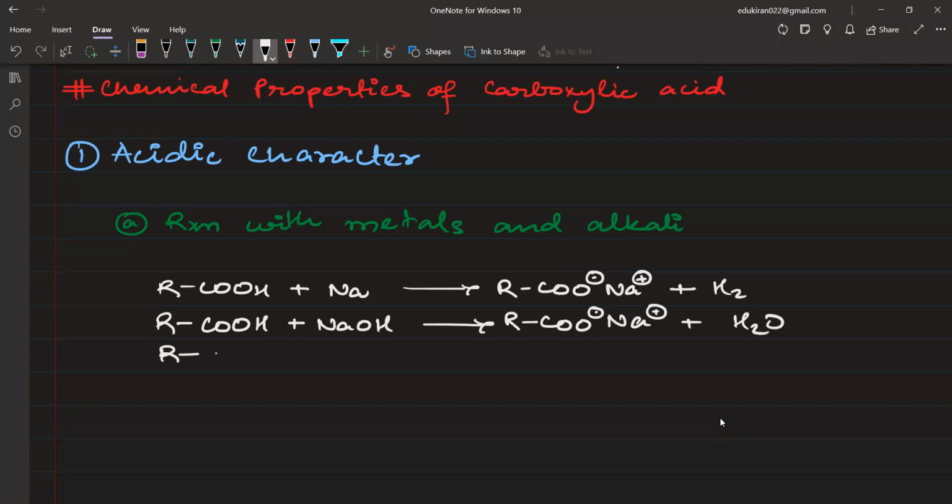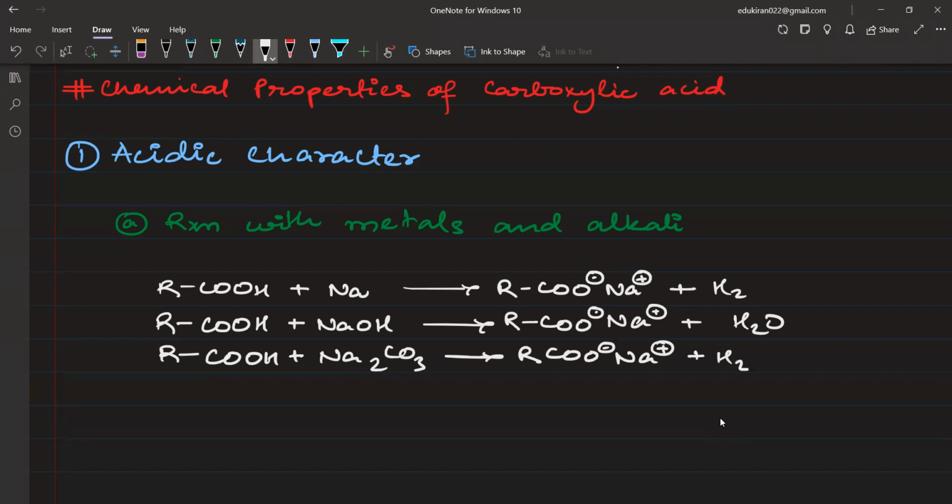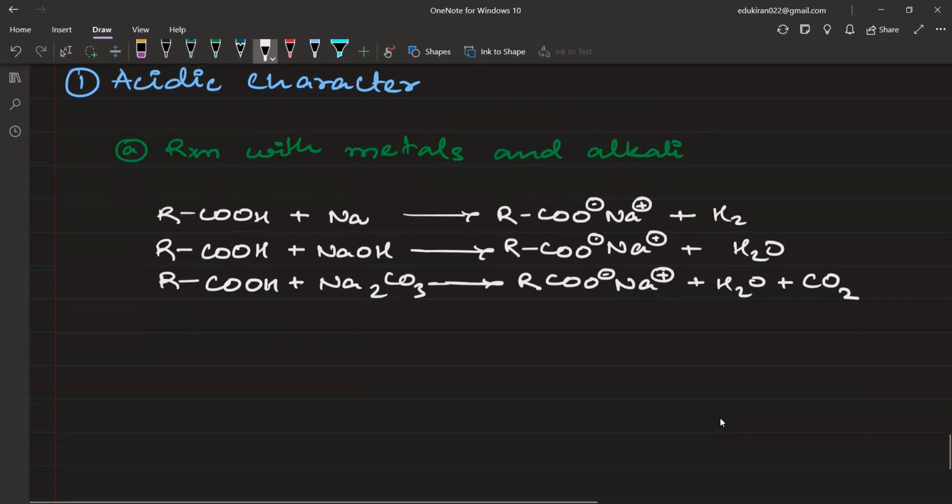Now you can also use weaker bases such as Na2CO3. This will give you RCOO negative, Na positive, plus H2O, plus CO2. In all of these cases, you are getting the sodium salt of carboxylic acid. So these are the three reactions.